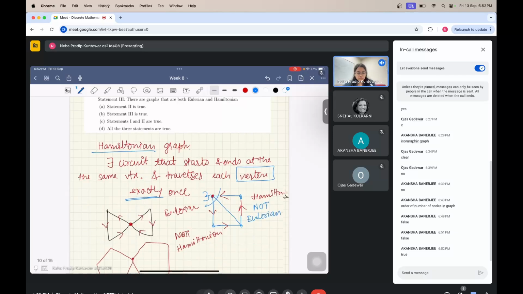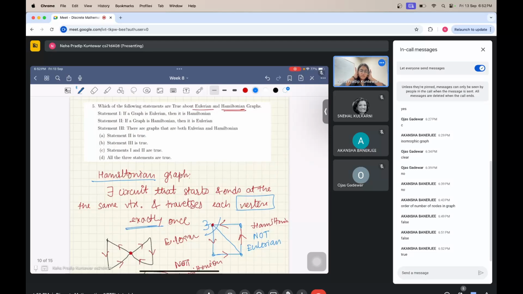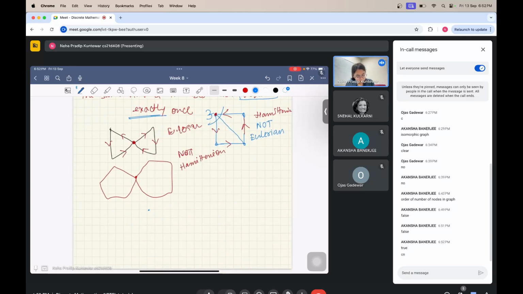Can you give an example? Right, so you can take a cycle of length n.